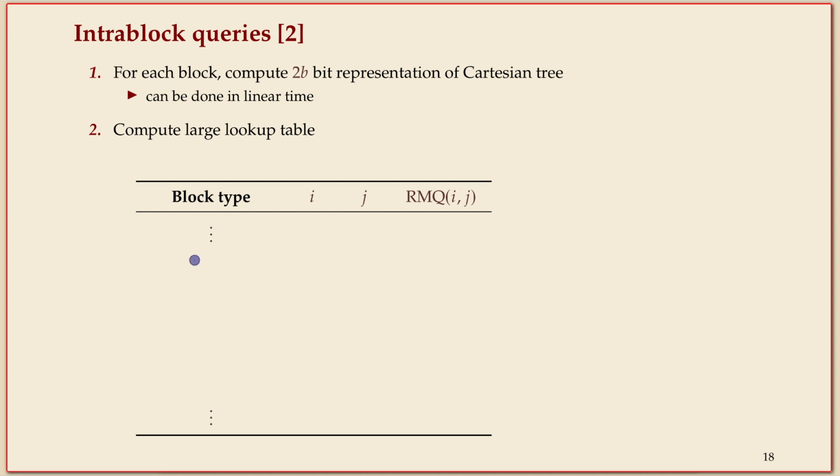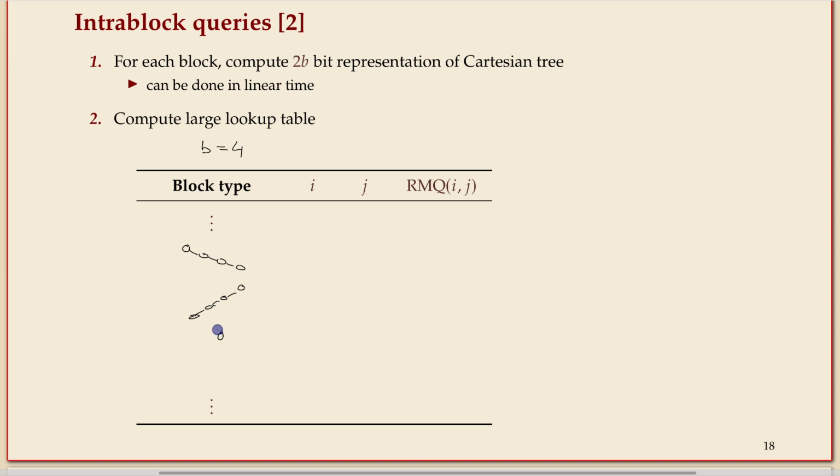For each Cartesian tree shape, say B is 4, to have small examples. What can a binary tree over 4 nodes look like? It could be like this, or it could be the other way around. That's sorted lists. But of course, there's many other options.